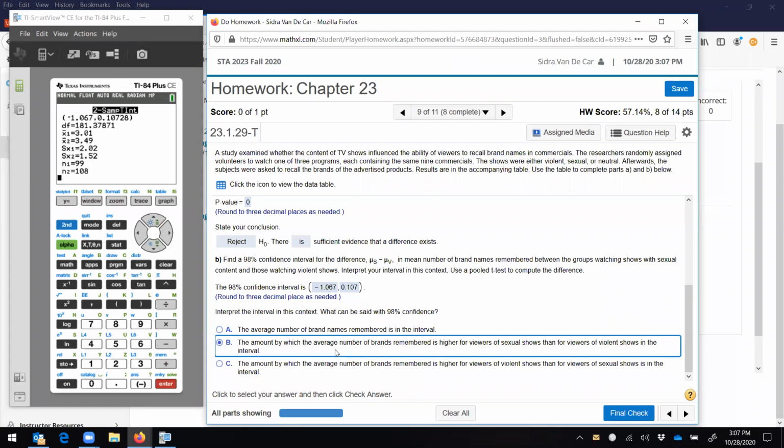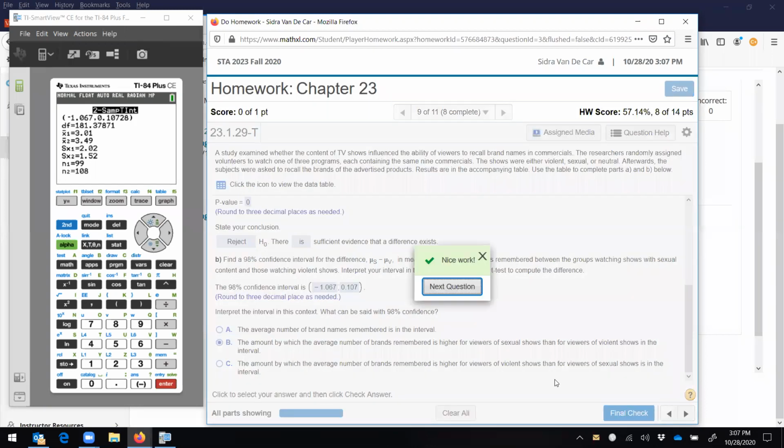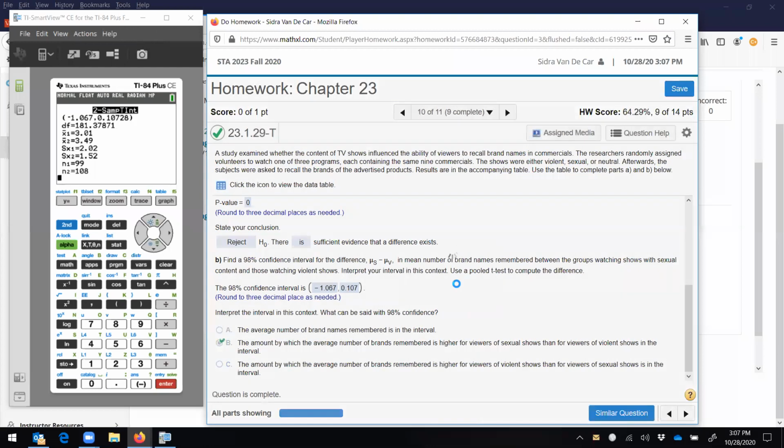The amount by which the average number of brands remembered is higher for viewers of sexual shows than for viewers of violent shows in the interval. I guess that's what they want there. That's very weird wording. All right.